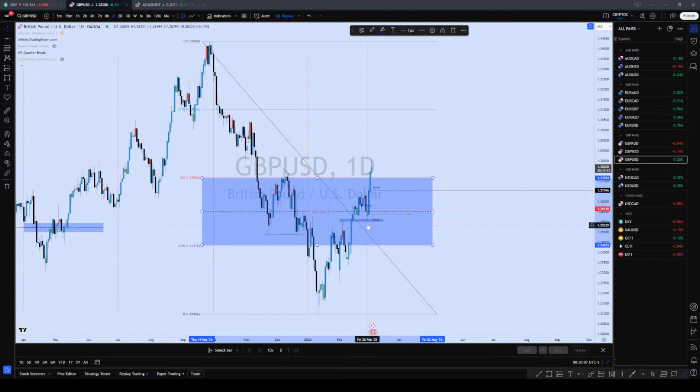Between the 25 and 50, that's where you're going to get a run on stop most of the time, because at the 0 to 25, that's where the reversals happen. So between the 25 and 50, your stop run is going to happen, and once the stop happens, it's going to move to 50%.